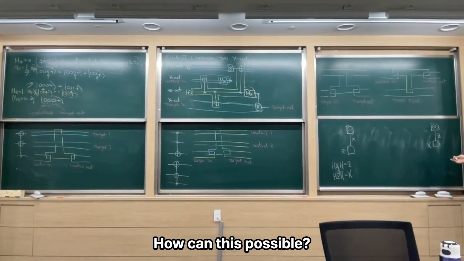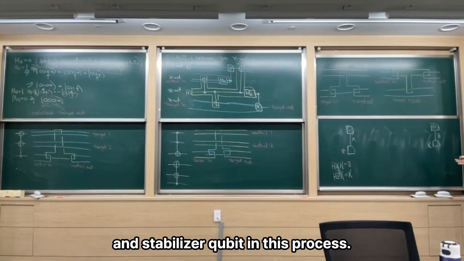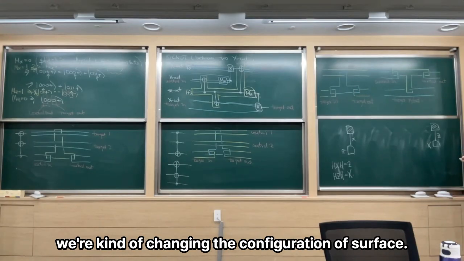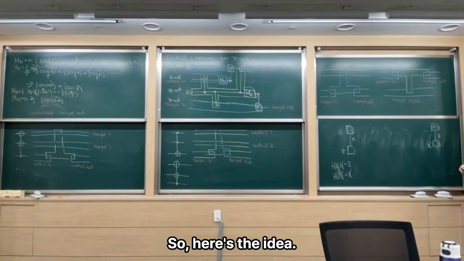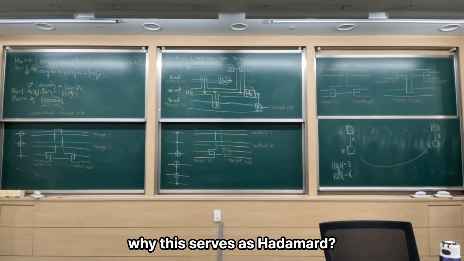How is this possible? Actually, we are changing the role of data qubit and stabilizer qubit in this process. Even though we are looking at the same figure, we're changing the configuration of the surface. So why does this serve as Hadamard?